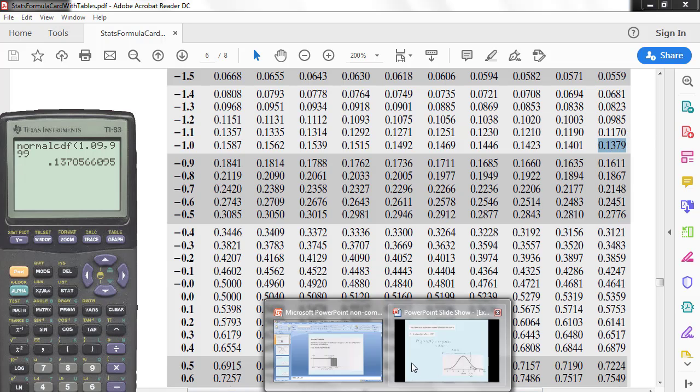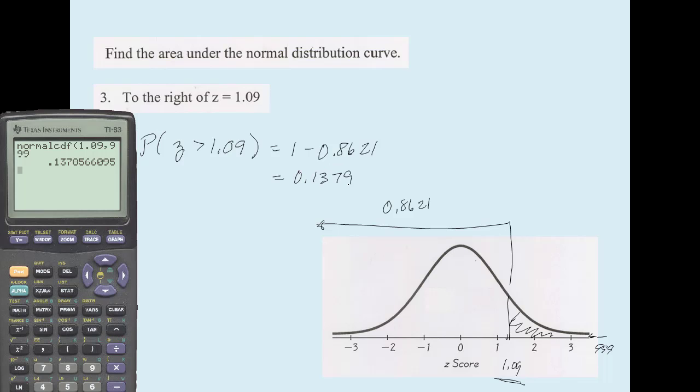Boom, 1379. That is a trick way to do it, because the graph is symmetric. This is negative 1.09, and since I'm finding the area to the left, it's symmetric with this area over here. They're the same. That's a trick you can use if you get good at doing this stuff.